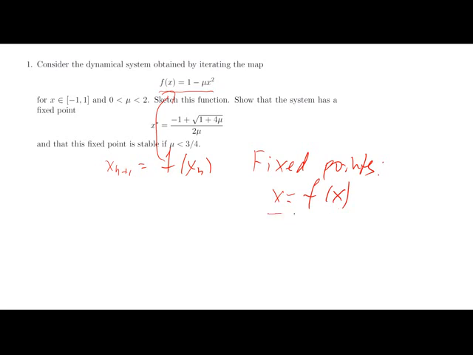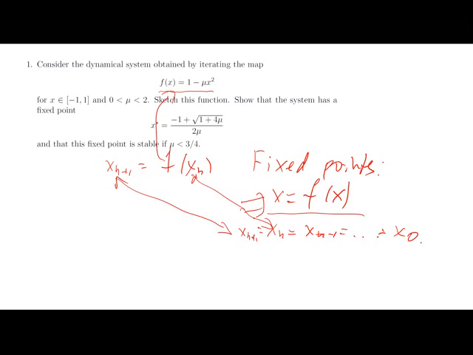Try to understand why it is: for fixed points, x_n equals x_{n-1}, and so on, up to x_0. So this is x_{n+1}, and this is x_n, and eventually you get x equals f of x.